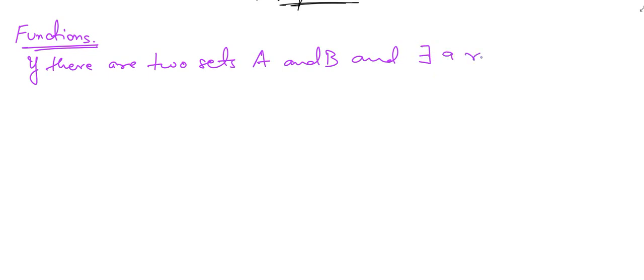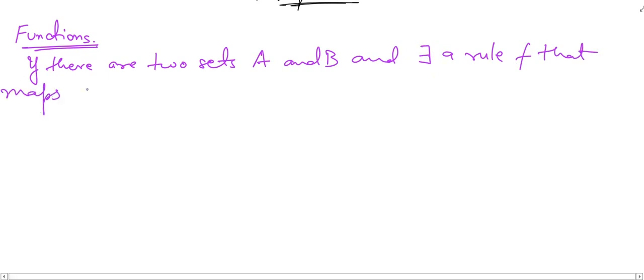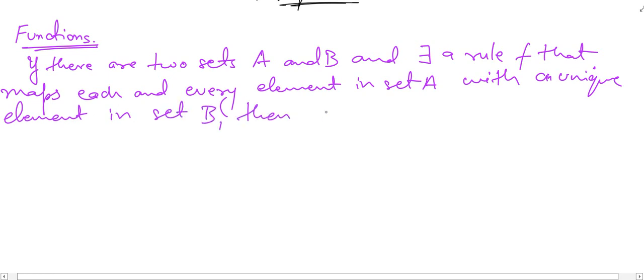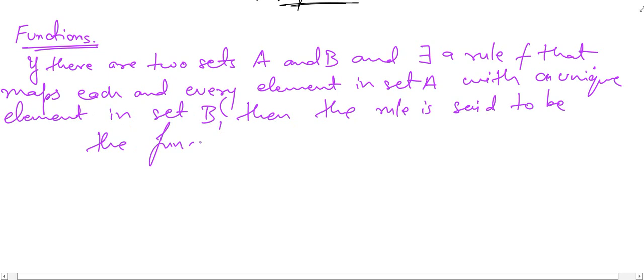And there exists a rule F that maps each and every element in set A with a unique element in set B, then the rule is said to be a function, right?